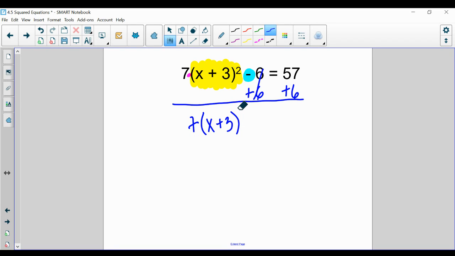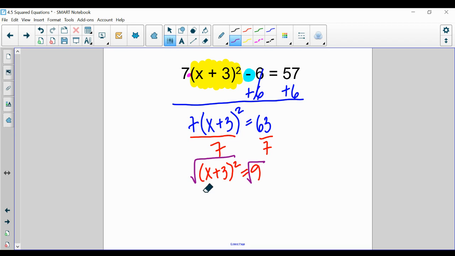That's going to leave me with 7 times x plus 3 quantity squared equals 63. In order to get rid of this 7, I'm going to divide both sides by 7. That'll get me to x plus 3 quantity squared equals 9. Now I'm going to square root, and that's going to leave me with the absolute value of x plus 3 equals 3.